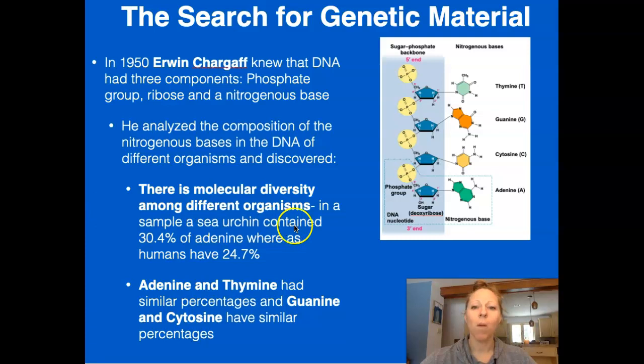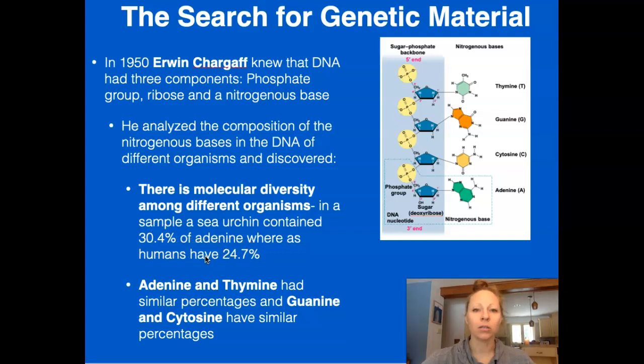So now that we know what molecule it is, scientists wanted to start identifying its composition. How was it made? And one discovery was made by Erwin Chargaff in 1950. He analyzed the composition of the nitrogenous bases in the DNA. And what he found was that there is molecular diversity among different organisms. So he saw that, for example, a sea urchin contained 30.4% adenine, whereas humans have 24.7.